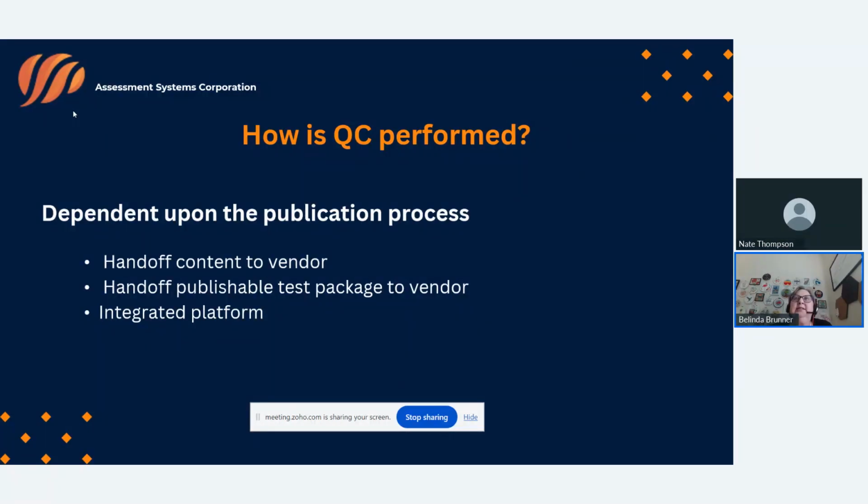One is that the test sponsor hands off their content, or perhaps the vendor already has their content because the vendor is also involved in the test development process, to a vendor, and the vendor actually publishes the test on the test sponsor's behalf.